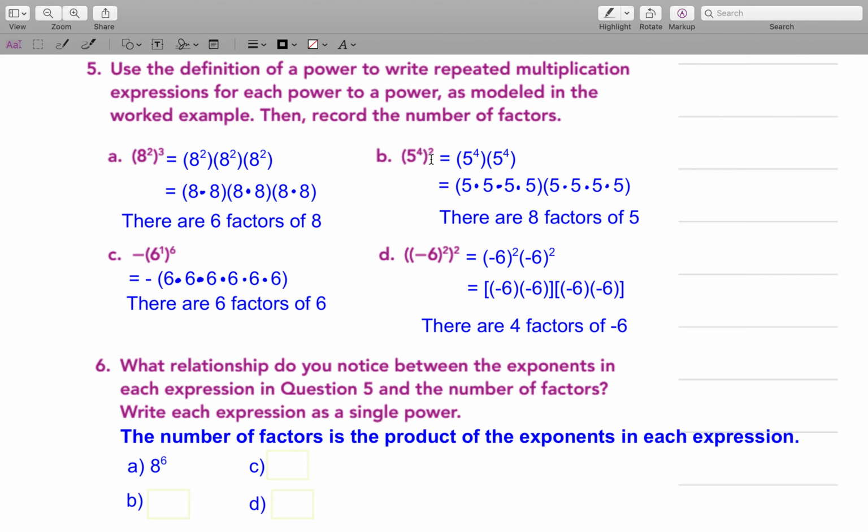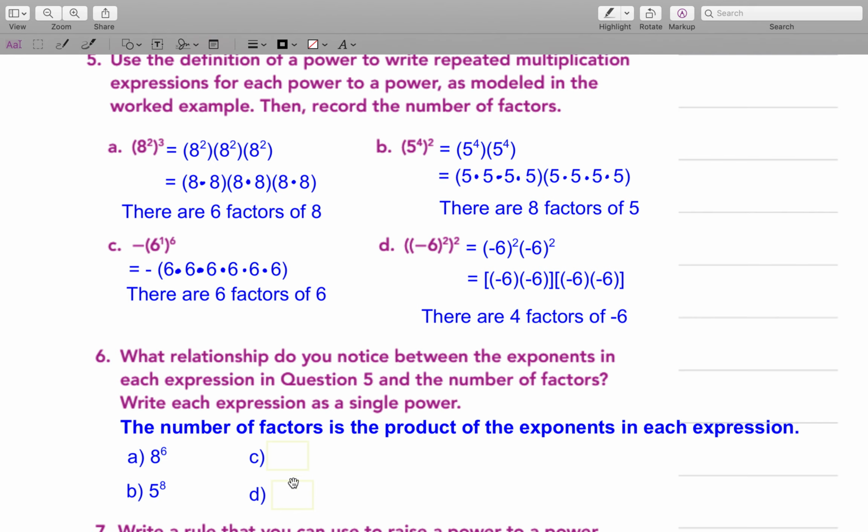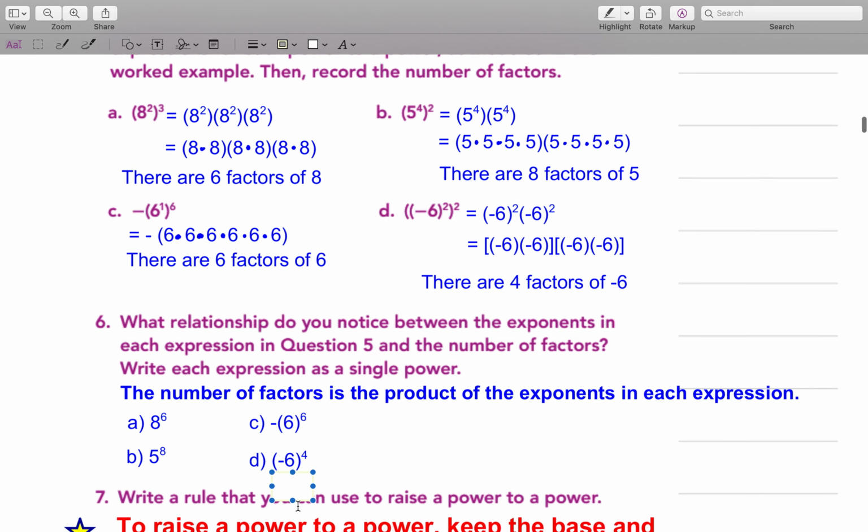And same thing for B. There were 8 factors of 5. That means it's 5 to the 8th power. And C is going to be 6 with a negative out in the front to the 6th power. And D would be negative 6 in the parentheses to the 4th power.